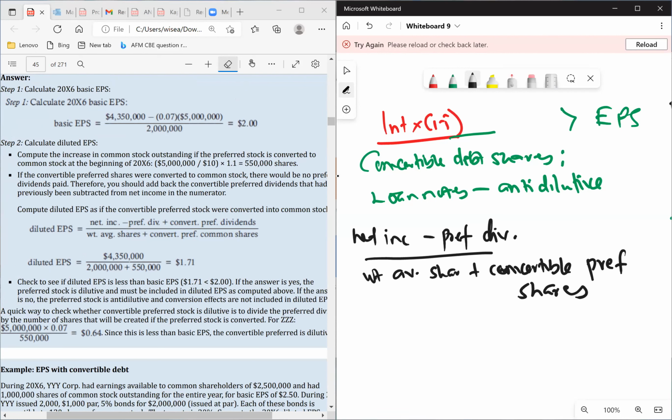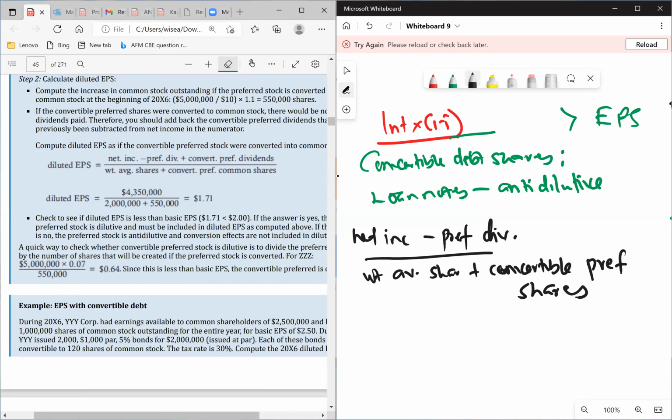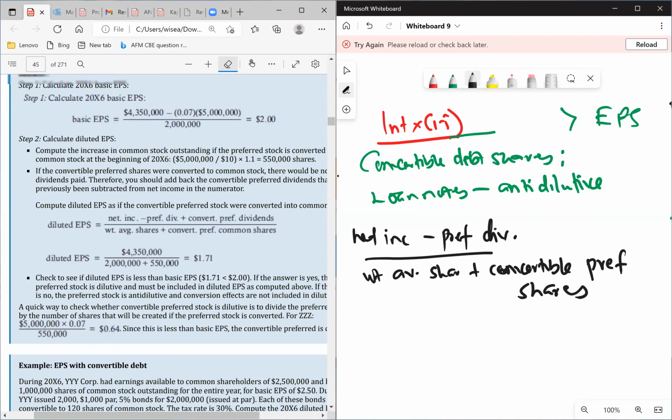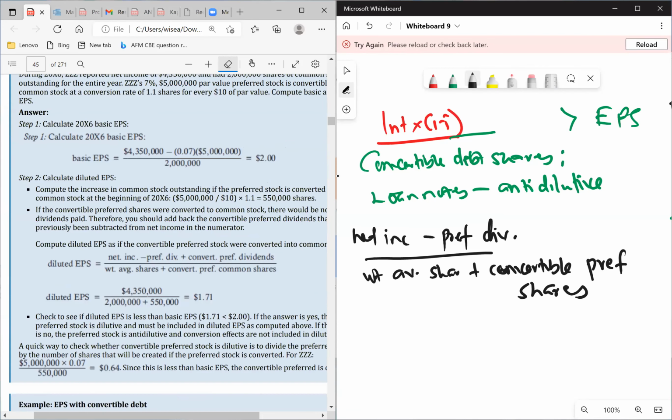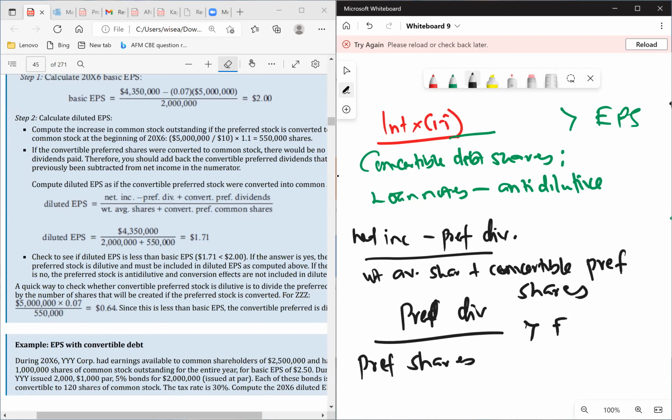Now, to determine if the convertible pref is also anti-dilutive, it is the pref dividend divided by what? The pref shares. If it is greater than earnings per share, then it is anti-dilutive.